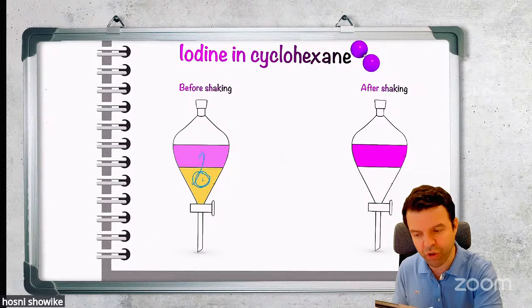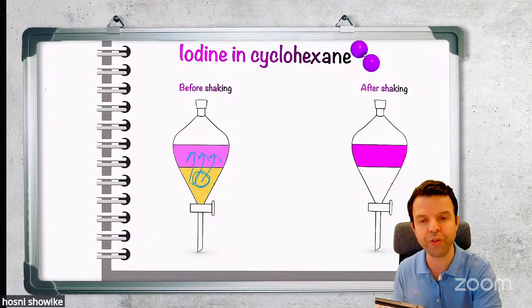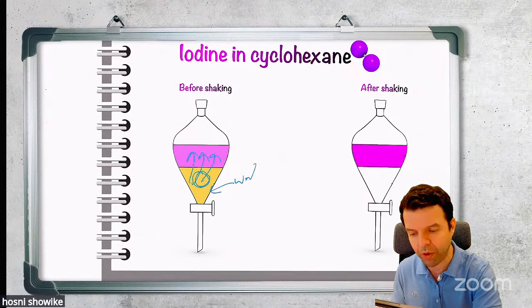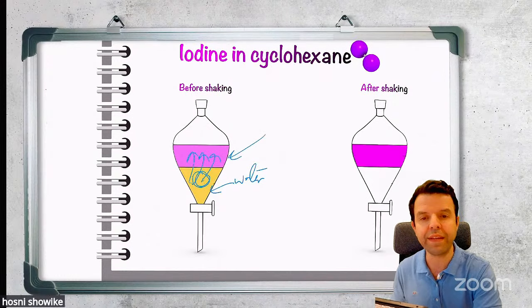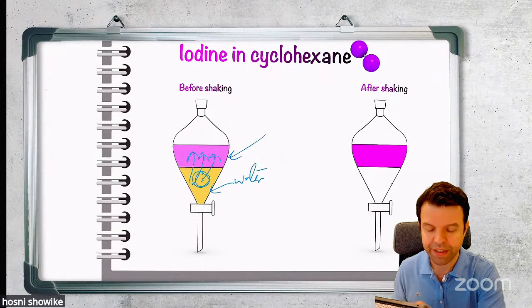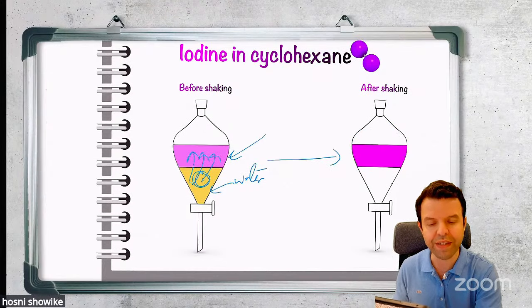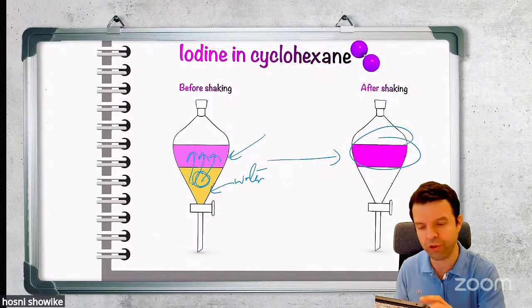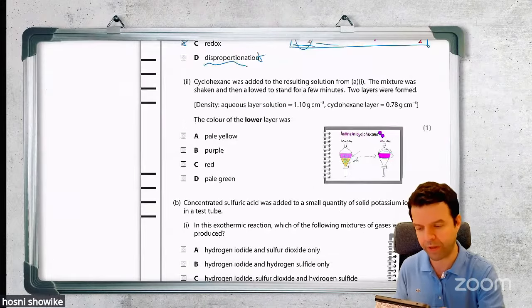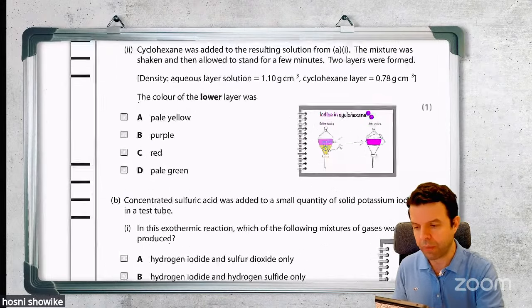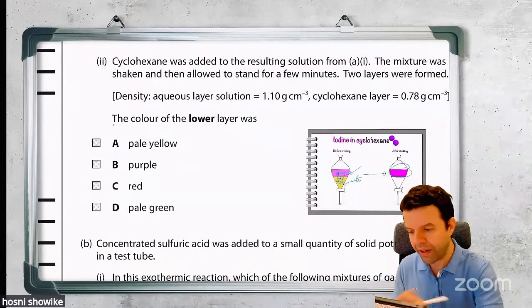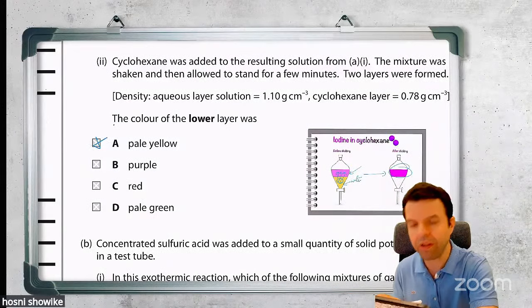So if you let it settle, you notice that it leaves behind some light brown or yellow color. That's because the majority of it is transferred from the water layer at the bottom to the cyclohexane at the top. And if you mix it well, or you wait longer, you'll notice that the entire iodine goes into the cyclohexane. Going back to my question, the lower layer is going to be pale yellow.